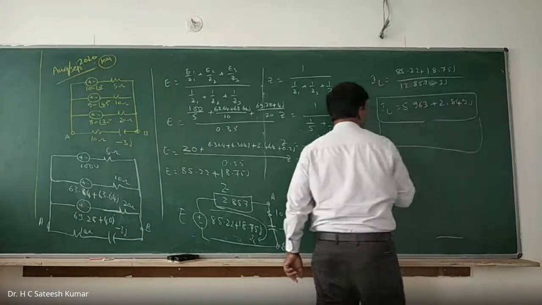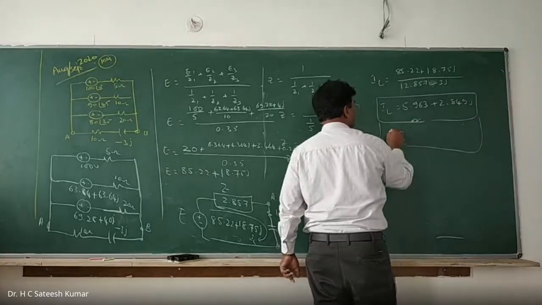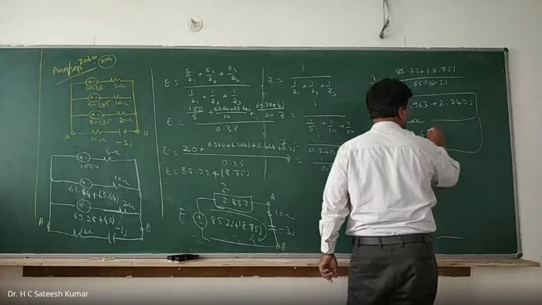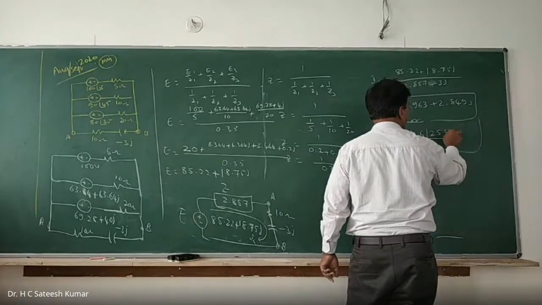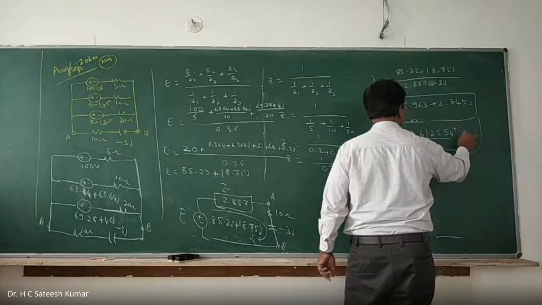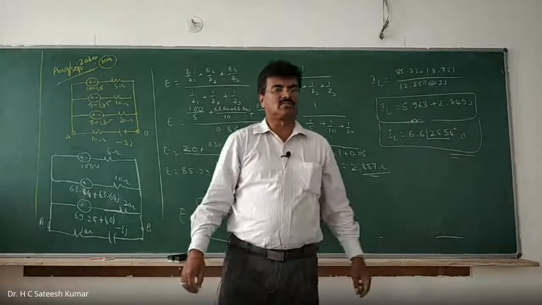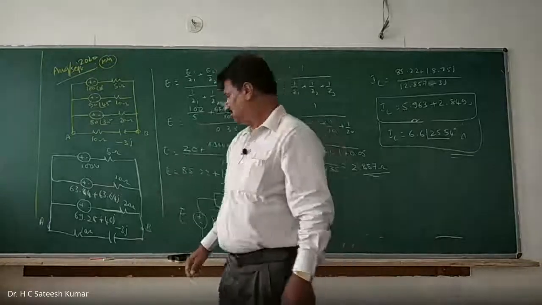Convert it into polar: 6.60 at an angle of 25.54 degrees. Okay. Right, so that's about this problem.